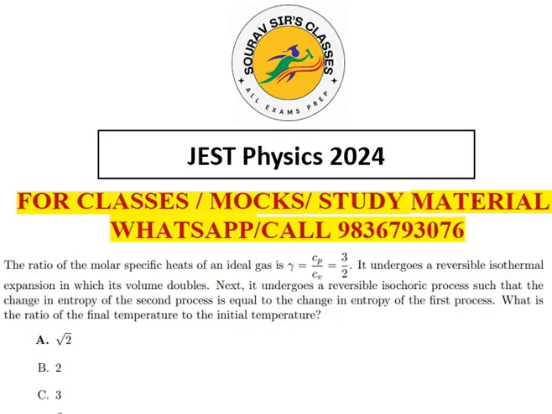Next, it undergoes a reversible isochoric process such that the change in the entropy of the second process is equal to the change in the entropy of the first process. So what is the ratio of the final temperature to the initial temperature?